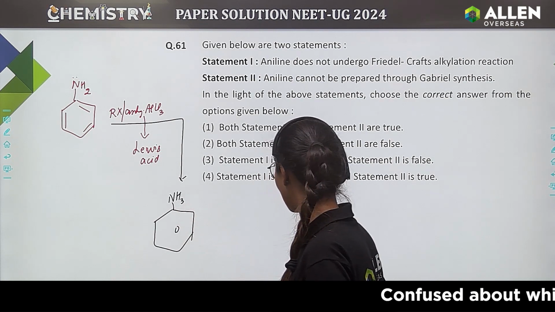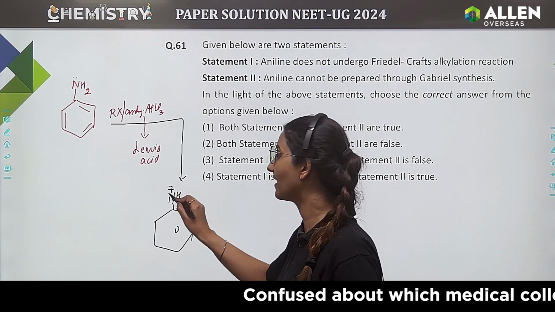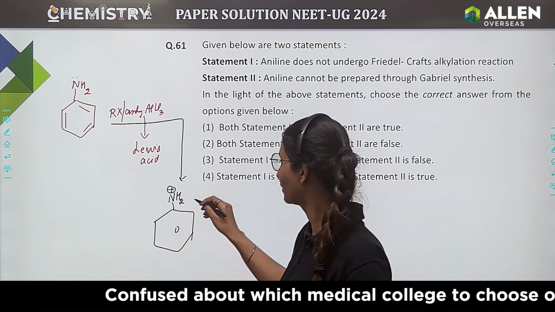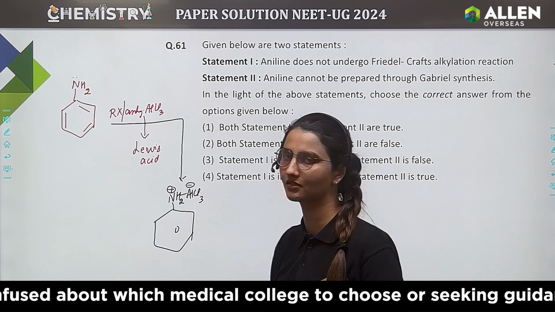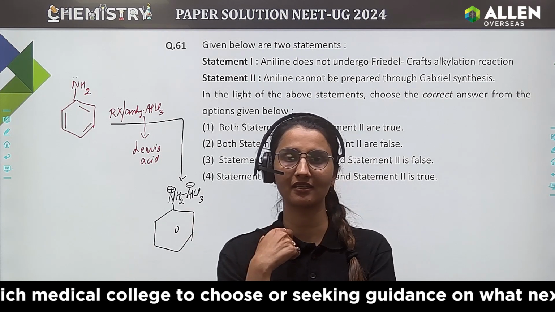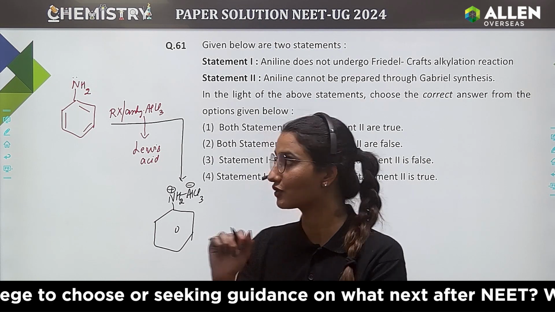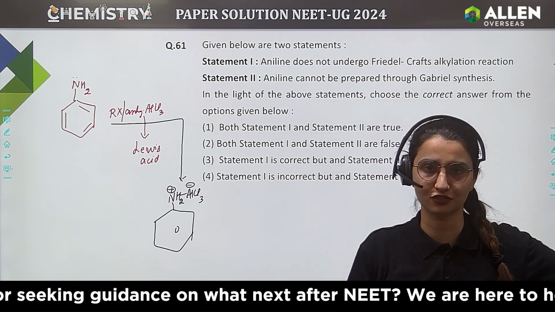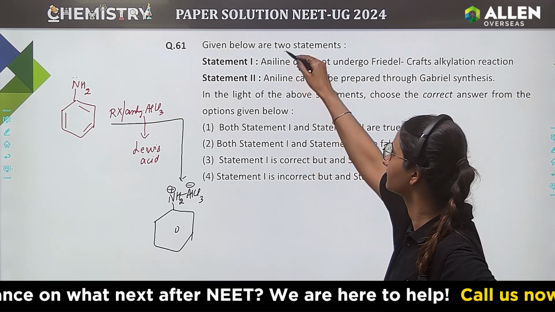It is NH2 plus. Why plus? Because it is giving electrons, a dative bond, to AlCl3, which has a negative charge. So it deactivates the aniline, and it does not undergo Friedel-Crafts alkylation reaction. Statement 1 is correct.